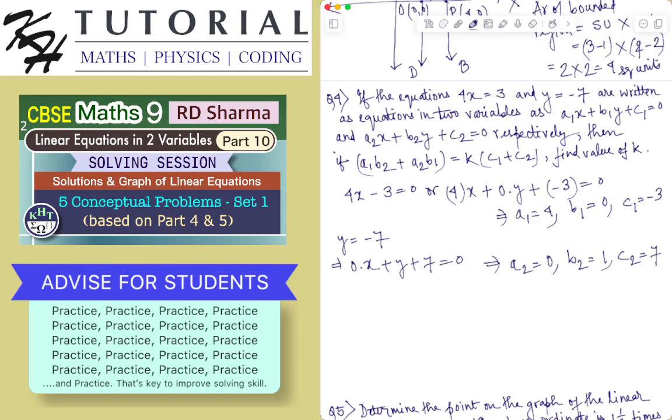Now let's see what is A1 B2 plus A2 B1. This is equal to A1 is 4, B2 is 1, plus A2 is 0 and B1 is 0. So this is basically 4. And what is C1 plus C2?